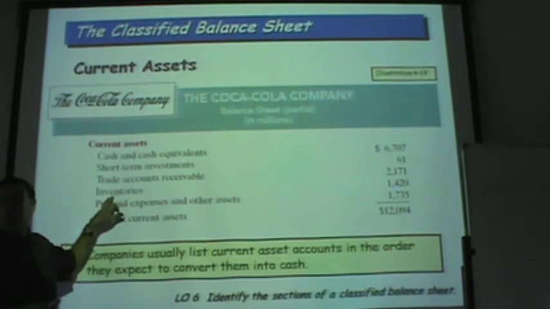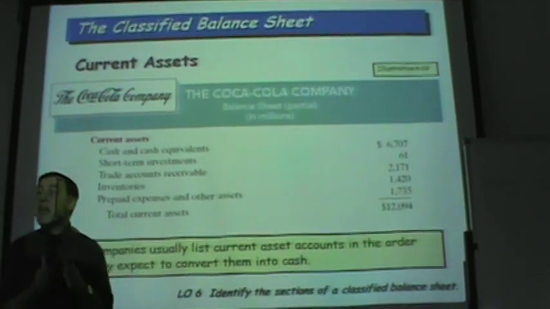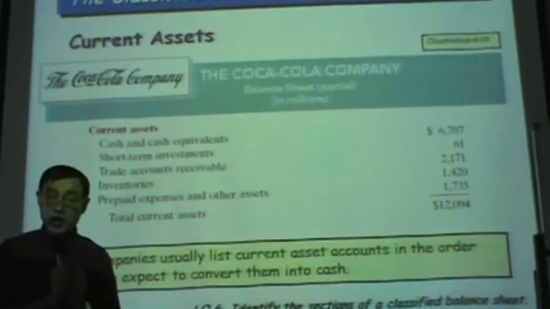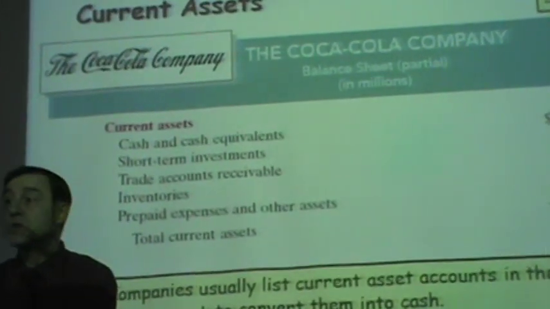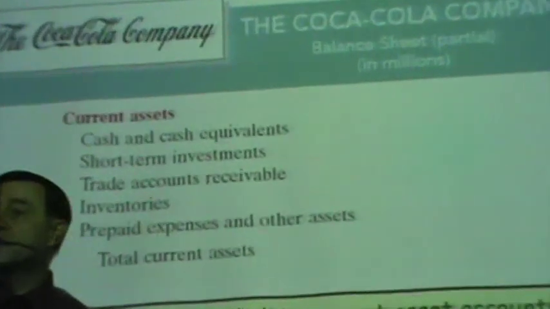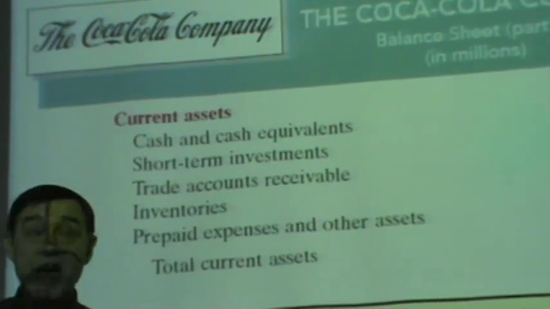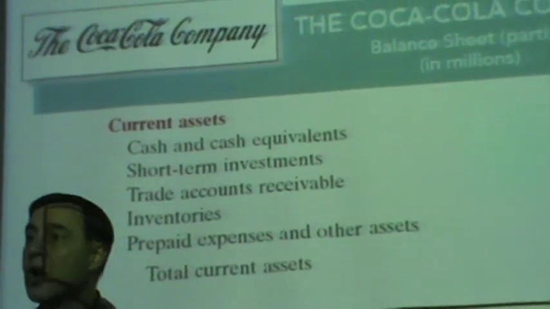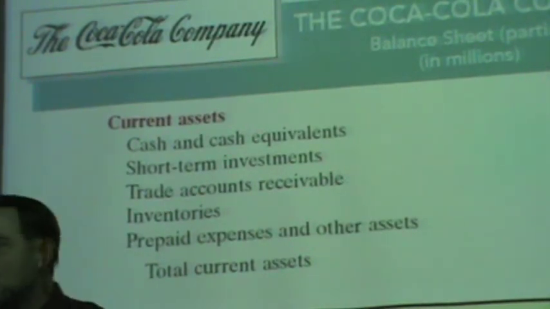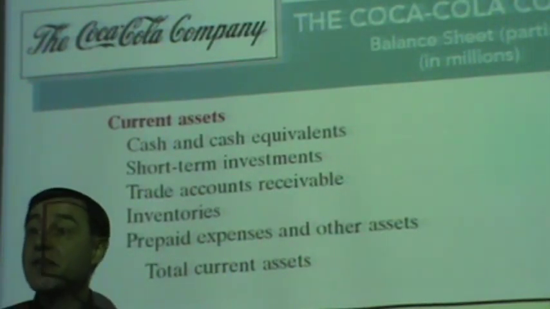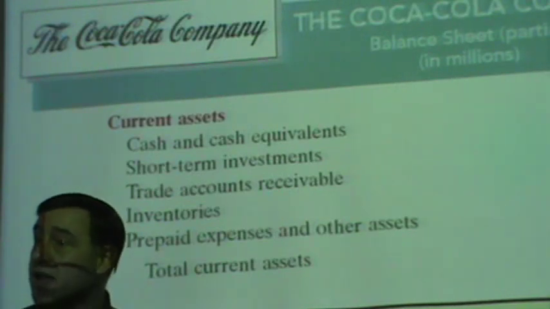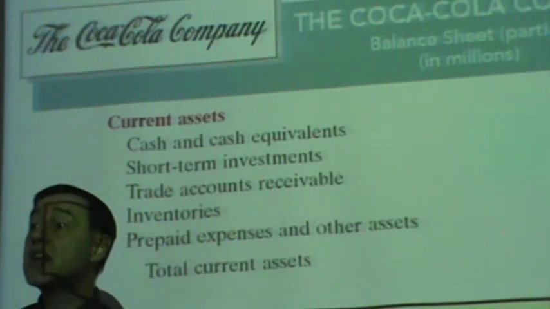Next one is inventory. Inventory is a good which you purchase with the intention to sell. Everything you see in 7-Eleven which is for sale is inventory. Water, coffee, tea, chocolate, whatever is in 7-Eleven that you can buy, for them it's inventory.